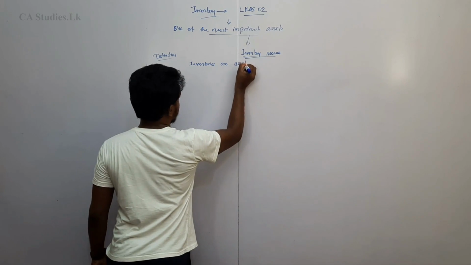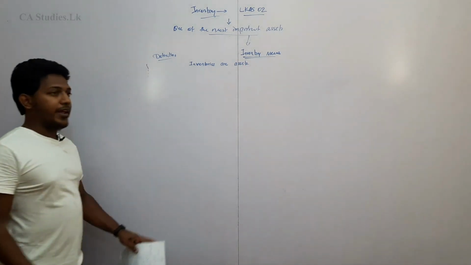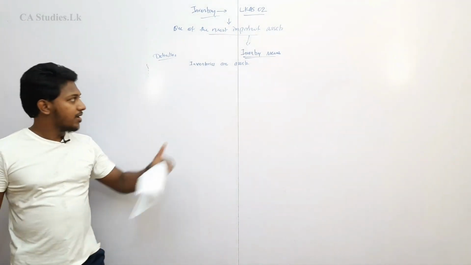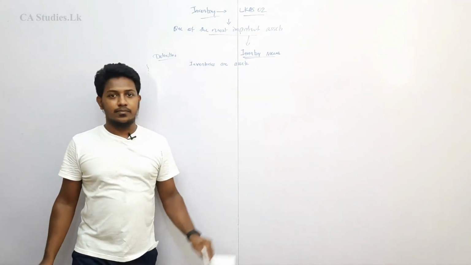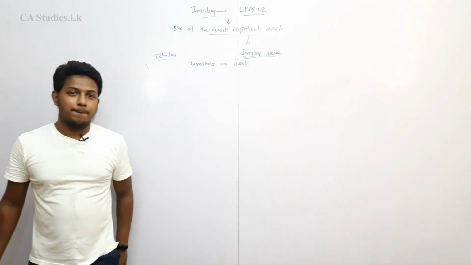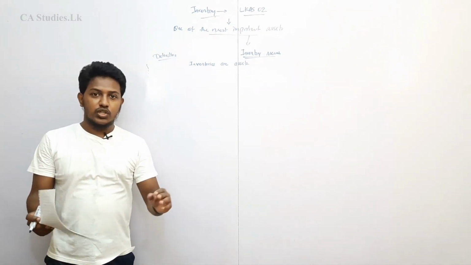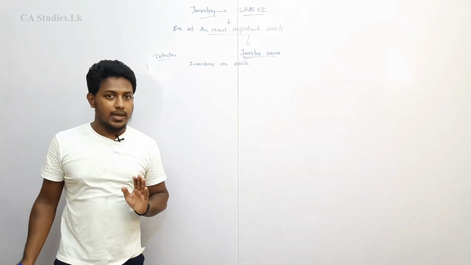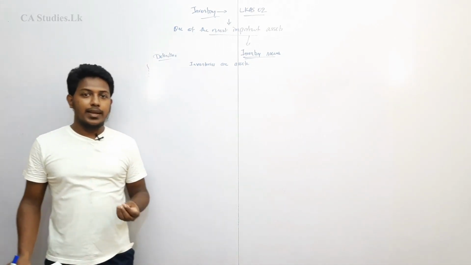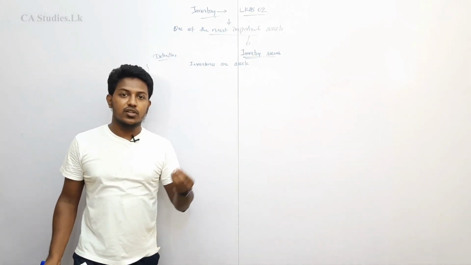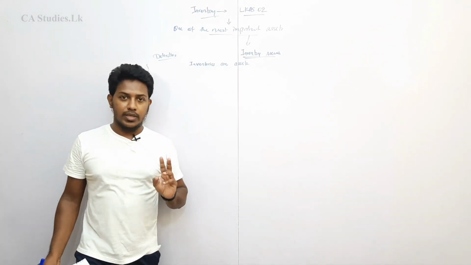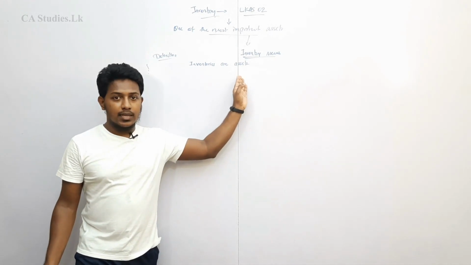Why are inventories assets? We have to understand the definition of an asset. What is meant by asset? An asset should be controlled by the entity, not owned by the entity, and the future economic benefit of the asset should flow to the entity. There are 2 points. So inventories are assets.